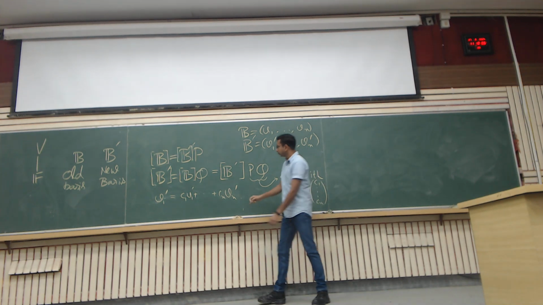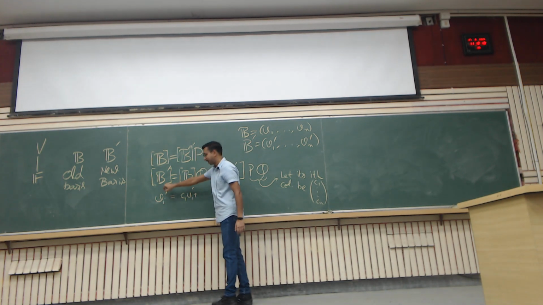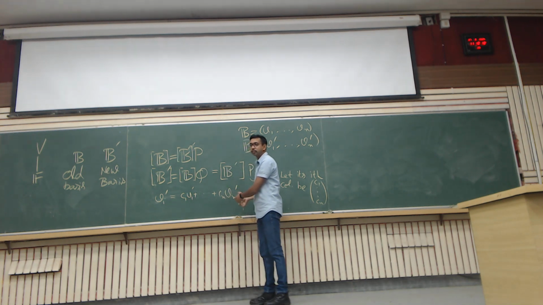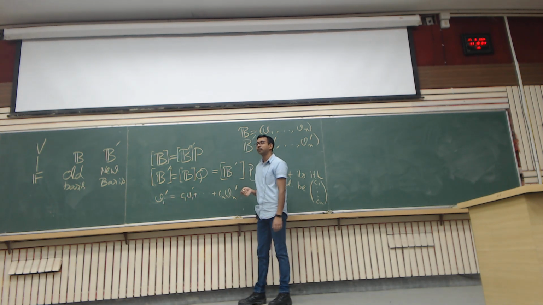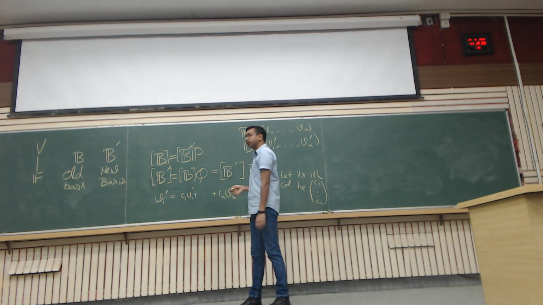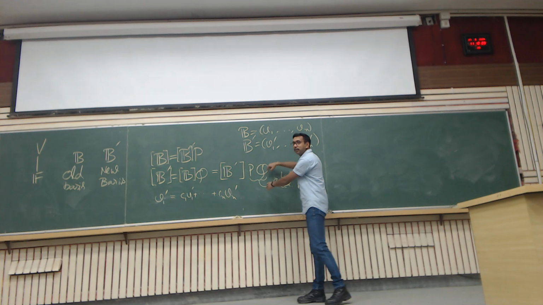So you are expressing the elements of V prime in terms of the other elements of V prime. Now, is this possible? If this is the case, what is the coefficient of Vi prime, and what are the other coefficients? Can you tell me? Yes, this is the ith column of this matrix PQ.